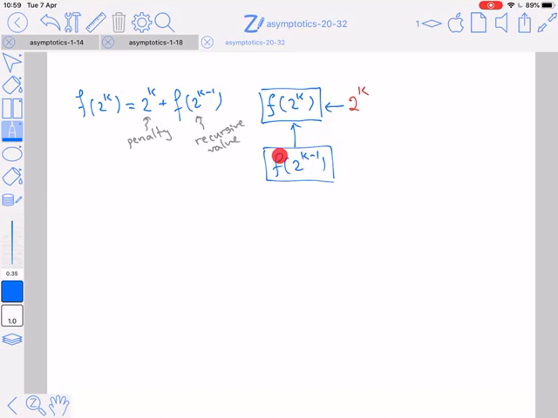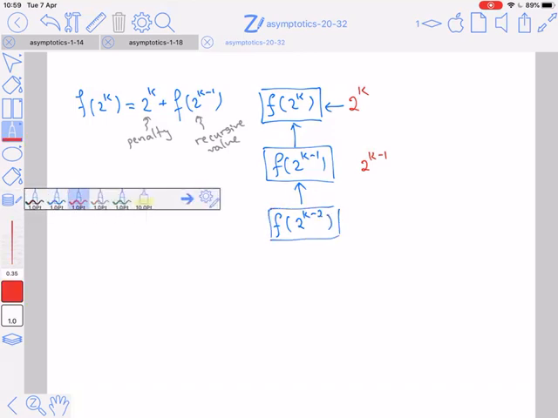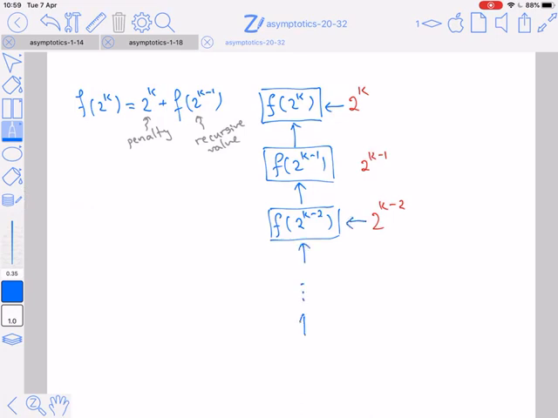Now, for the recursive call we apply the recurrence again, and we get a penalty of 2 to the k minus 1. And now we get a recursive value of f of 2 to the power of k minus 2. And again, we get a penalty, 2 to the k minus 2. And we continue in this fashion until we reach the base case. What is the base case? The base case is f of 2 to the power of 0.